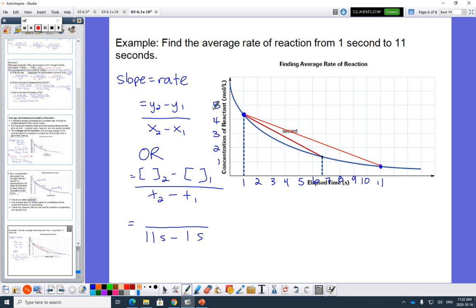So maybe let's call this 0.8, 0.9. What do you guys like? 0.8? I like 0.8.